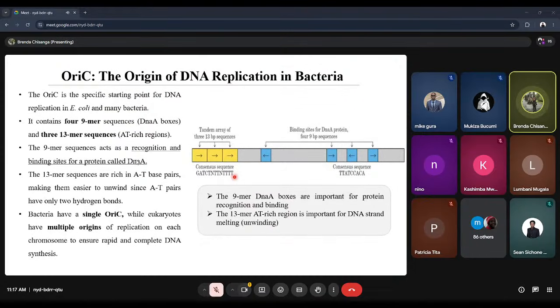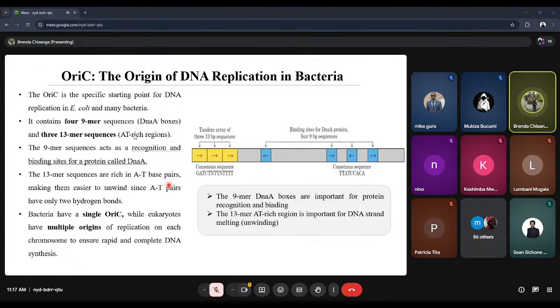What I'm just trying to say here is that the origin of replication in bacteria has these 2 segments. One is the 13-mer, one is the 9-mer. The 9-mers are 4, the 4 blue boxes, the 13-mers are 3. Now, what happens at these positions?